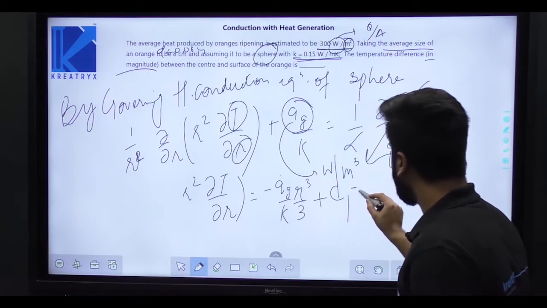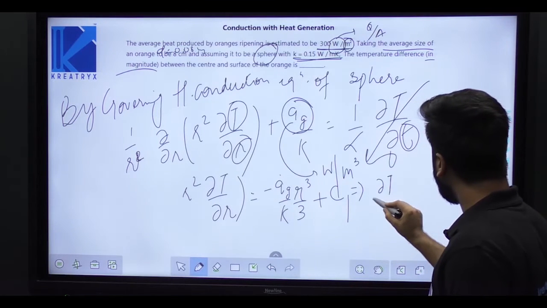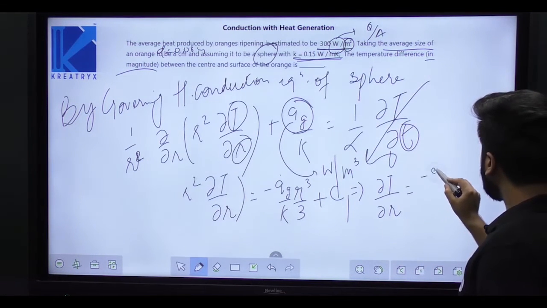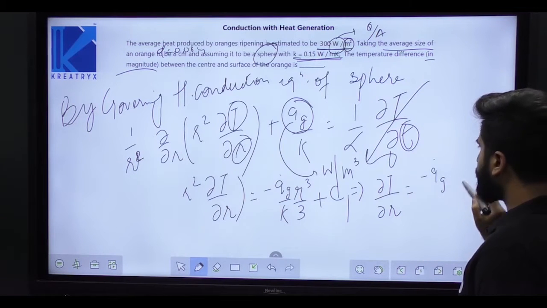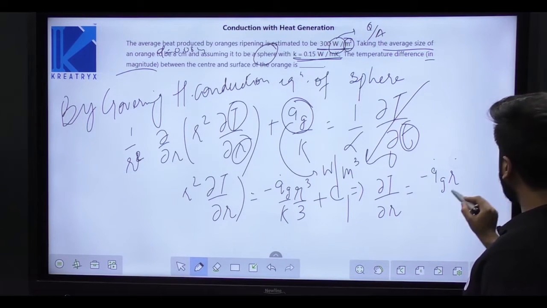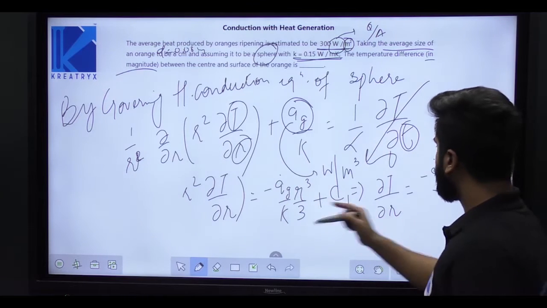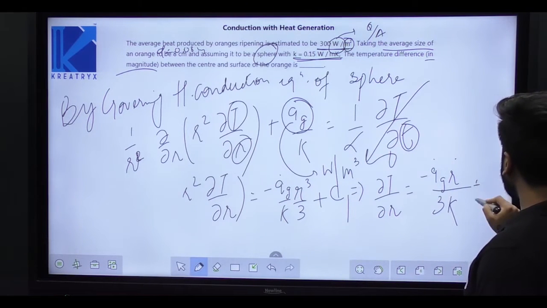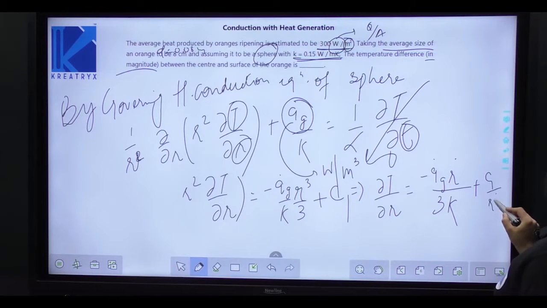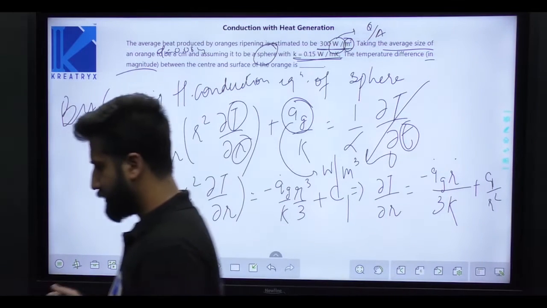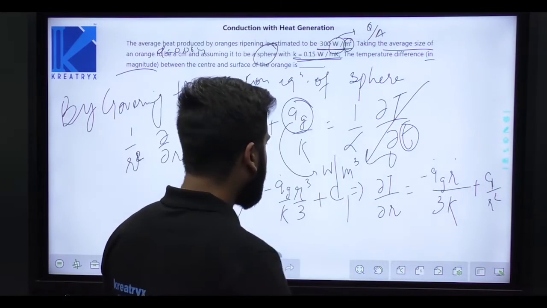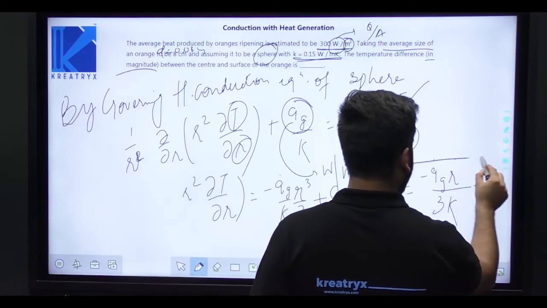This will be del t by del r is equal to minus q dot g r divided by r square, so r by 3k plus c1 by r square. This is del t by del r.